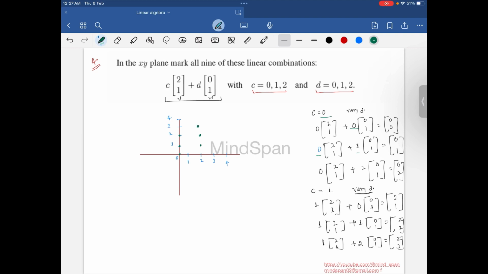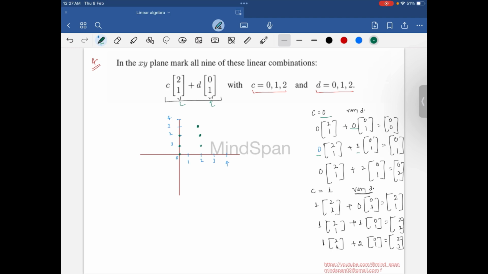See how we are reaching different points by changing the value of c and d. Now think, if c belongs to the real numbers and d belongs to the real numbers, and we have this vector v and this vector w, now think in two-dimensional space where you will be reaching.